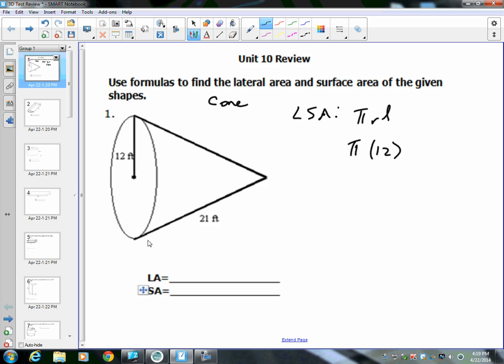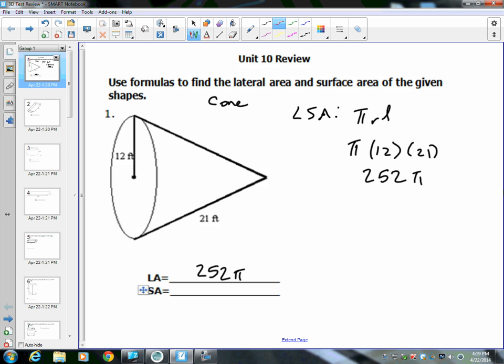And L stands for slant height, which would be 21. We're going to go ahead and leave this in terms of pi. So all we have to do is multiply the two numbers together, 12 times 21, and we end up with 252 pi. And that is our lateral surface area.